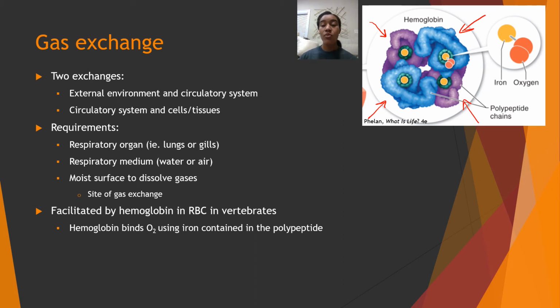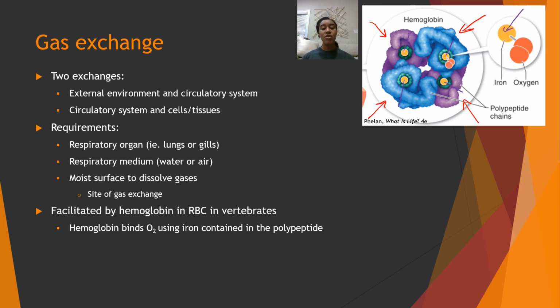And the hemoglobin has iron located at the center of each of those polypeptides. So for each hemoglobin, there are 4 iron molecules. And in this picture, they have them drawn as these yellow circles. These are all the iron.